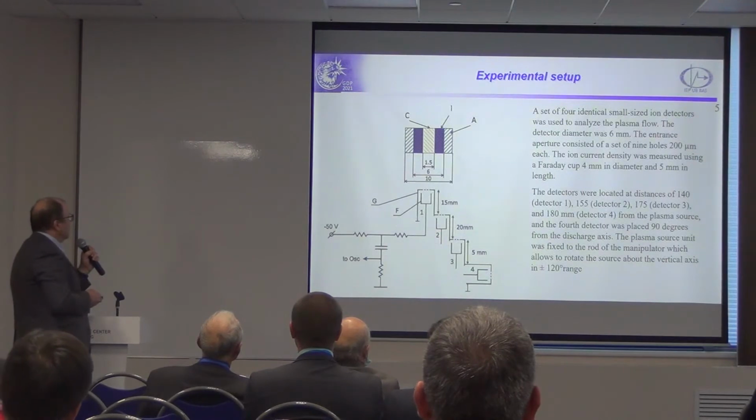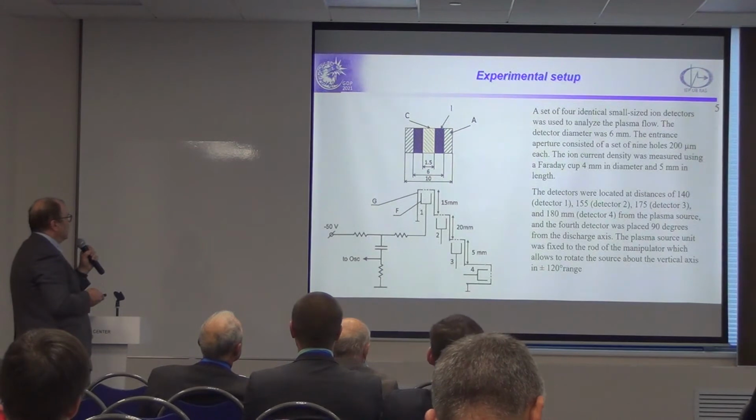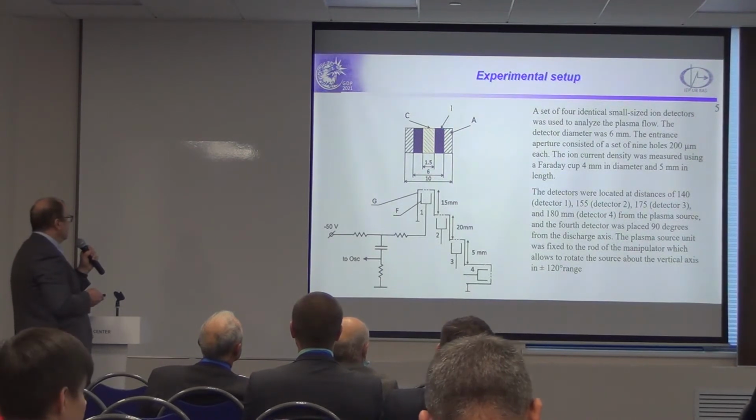The detector diameter was about 6 millimeters. The entrance aperture consisted of a set of holes, 200 micrometers each in diameter. The ion current density was measured using a Faraday cup, 4 millimeters in diameter and 5 millimeters in length.